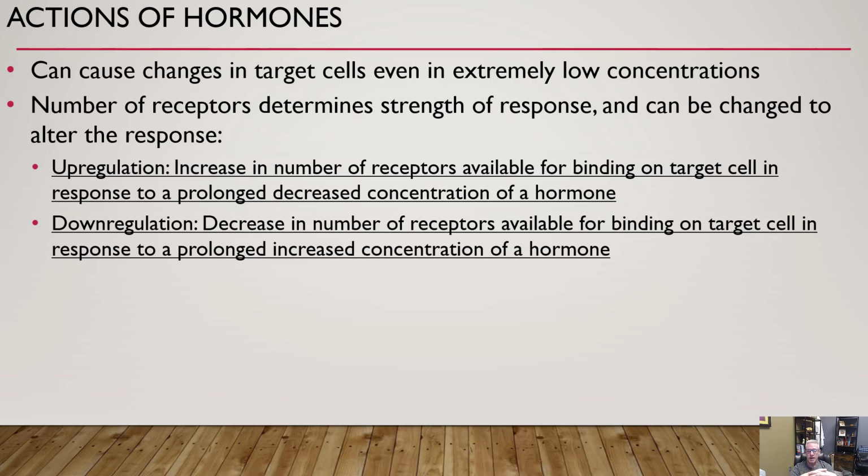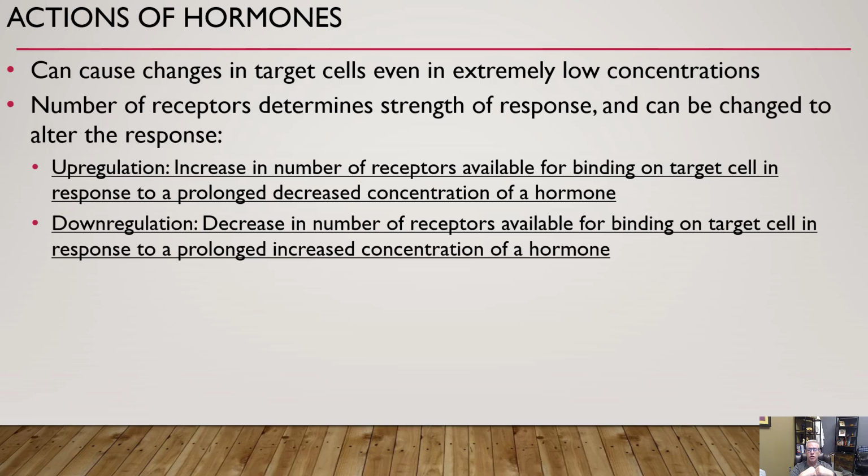Now, on the flip side, if we don't have enough hormone, the cell only has, let's say, a few receptors, and we need more, so the cell will create more receptors to try and catch that low concentration of hormone.